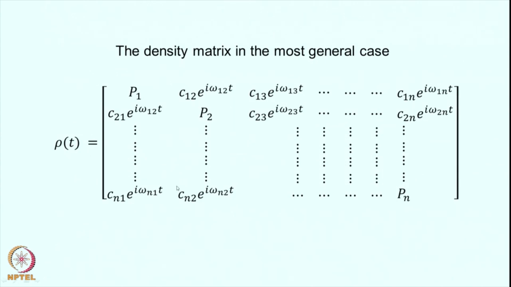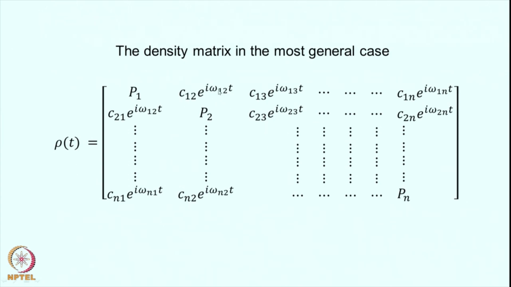Okay. So extending to multiple spin systems and a variety of situations, a very generalized density matrix can be written in this manner. In the most general case, you have rho of t, in which we have the populations of the n states. Suppose you have a total of n states, you have the populations along the diagonal p1, p2, p3, p4 and so on, and on the off diagonal elements you have coefficients, and then you have the oscillatory function e to the i omega 12 t.